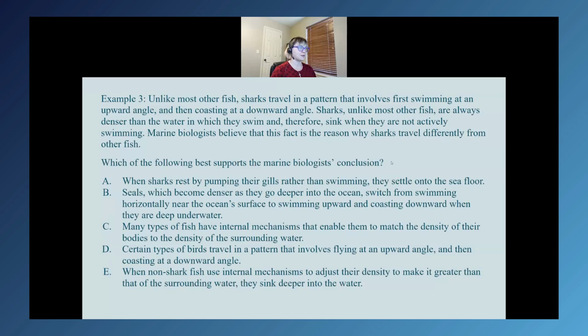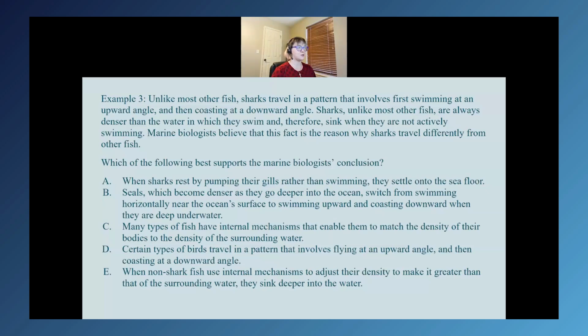A. When sharks rest by pumping their gills rather than swimming, they settle onto the seafloor. We already know that they sink when they aren't actively swimming, so this just explains our premise in a way that is not helpful to us.